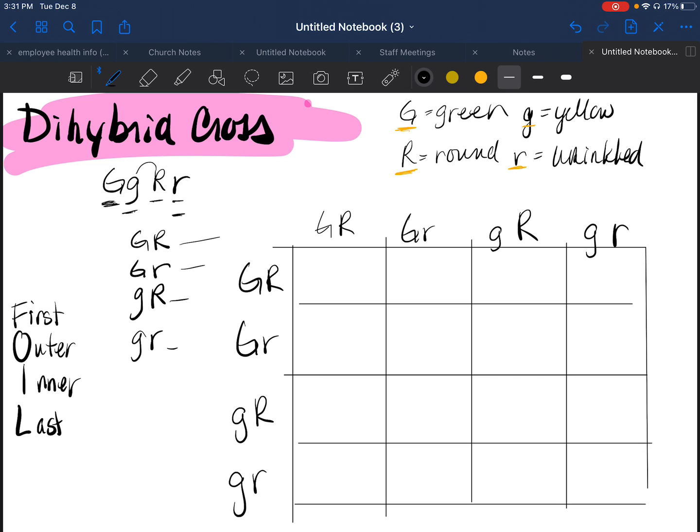Now, what I typically do is I go down and across to fill in my squares. So I'm going to take this and put it in each of the squares, and I'm going to put them on top of each other. So I'm going to do big G, big R, big G, big R, big G, big R, big G, big R. I'm going to do the same thing for this one, big G, little r, big G, little r.